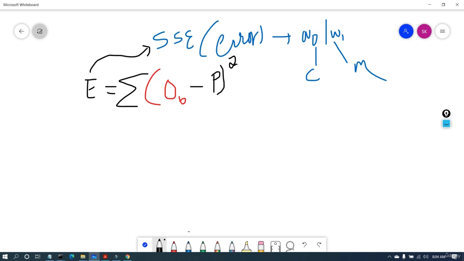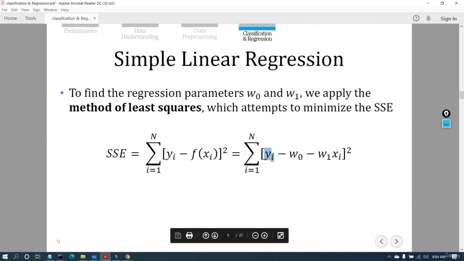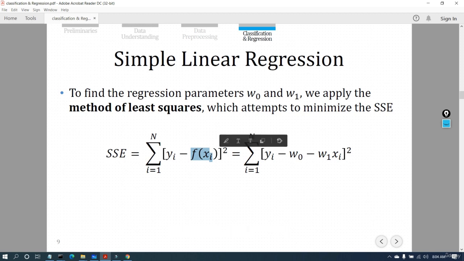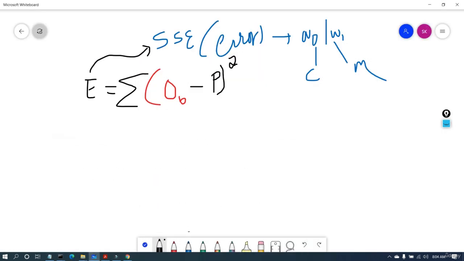So this is all about the error. Another form of writing this equation is right here, where yi is observed, and f(xi) is the predicted value, which is just a straight line. We represent it with omega naught and omega 1, because in linear regression the prediction is a straight line.